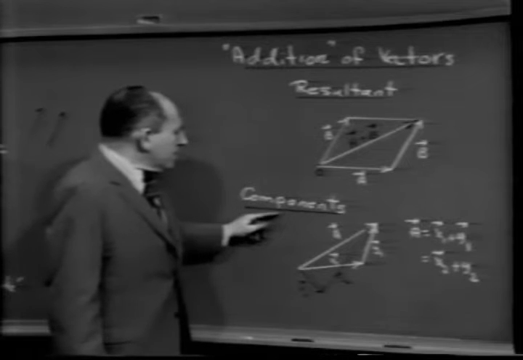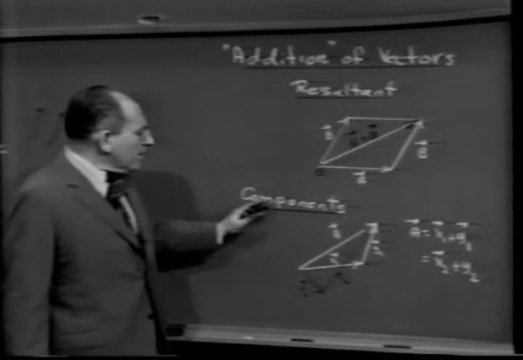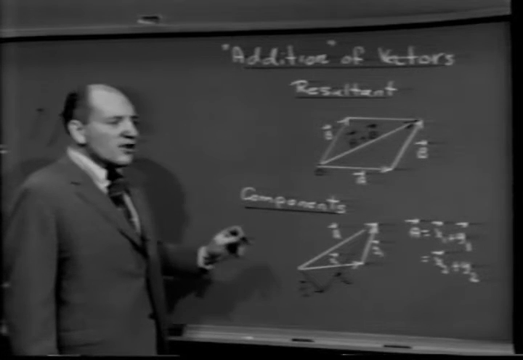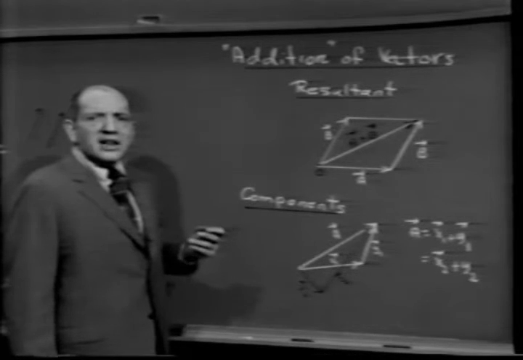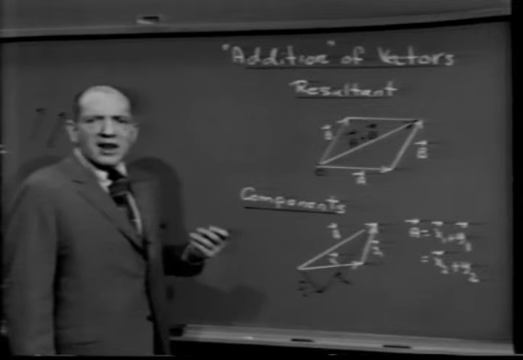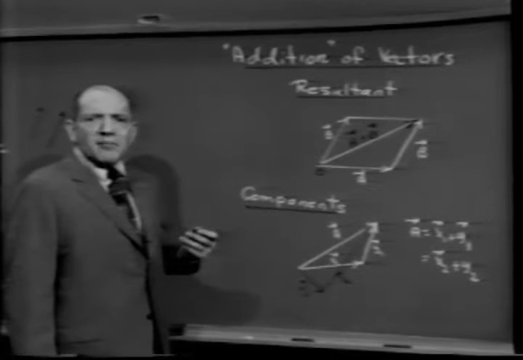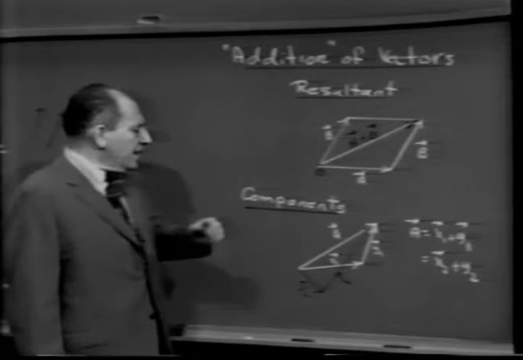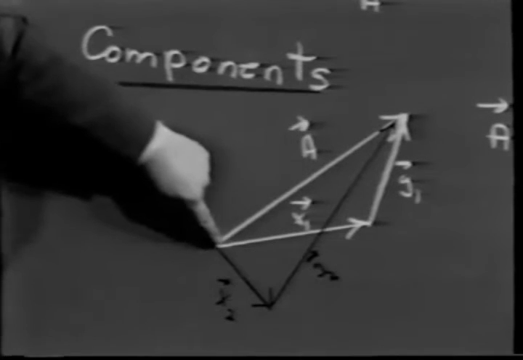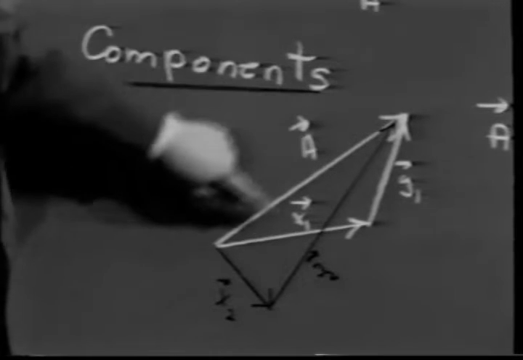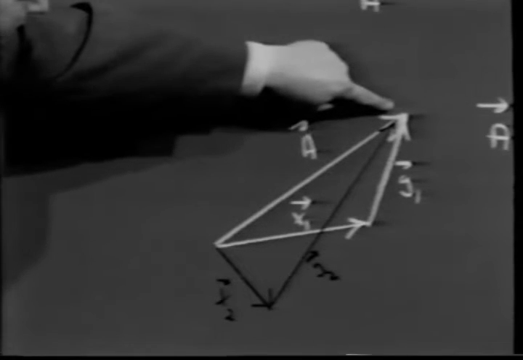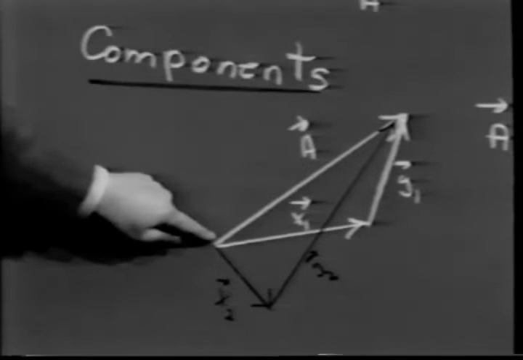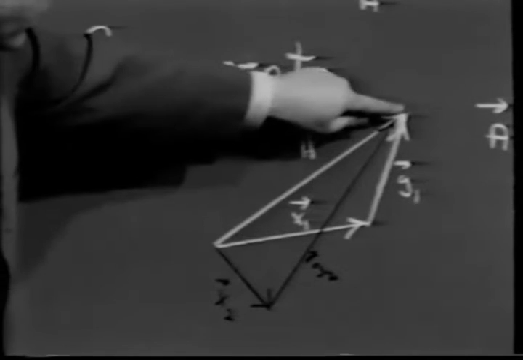By the way, notice again a parallelism between the structure of vectors and the structure of ordinary arithmetic. In the same way that given two numbers, they have one sum, but a given sum can be formed by different combinations of numbers, two given vectors, which I call here x1 and y1, give A as a sum, but notice also that the vector A is the sum of the vectors x2 and y2.